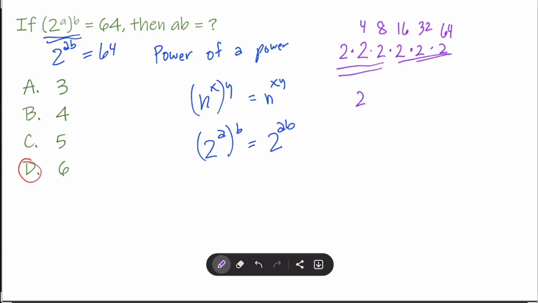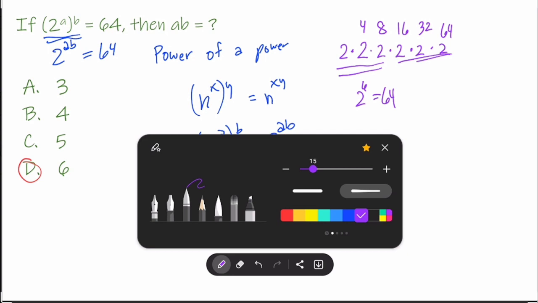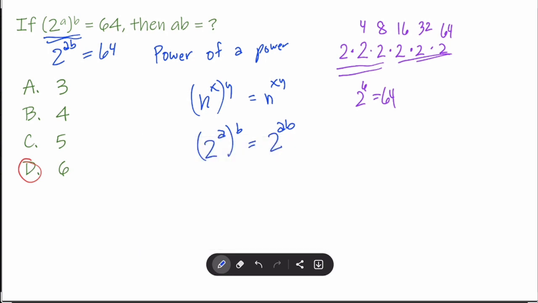So 2 to the power of 6 is 64, because that's the idea of the exponent: how many times we multiply it by itself. We multiply by itself 6 times to get 64. So this 64 can be written as 2 to the power of 6.